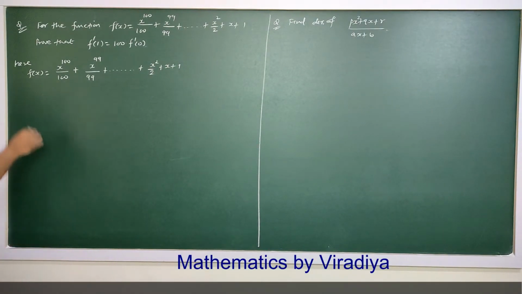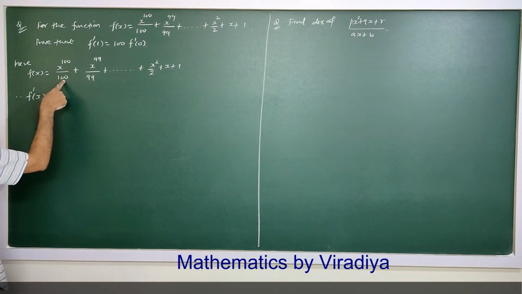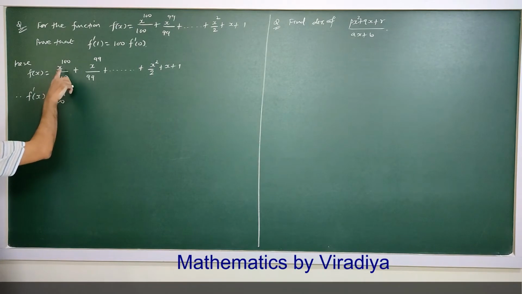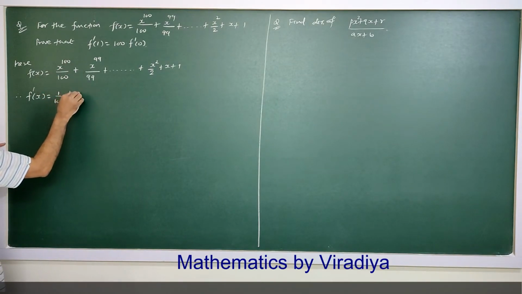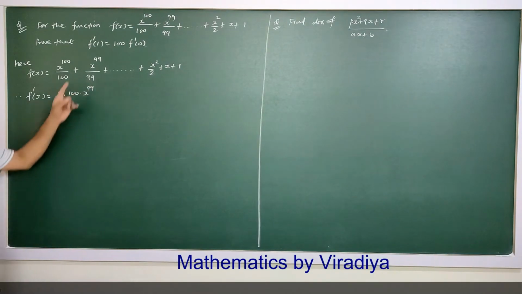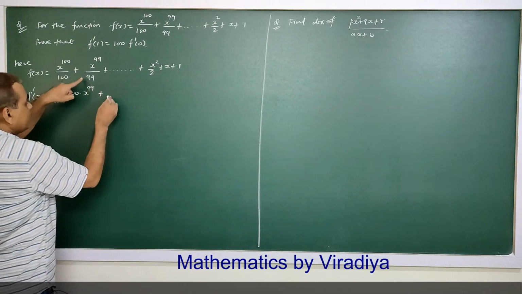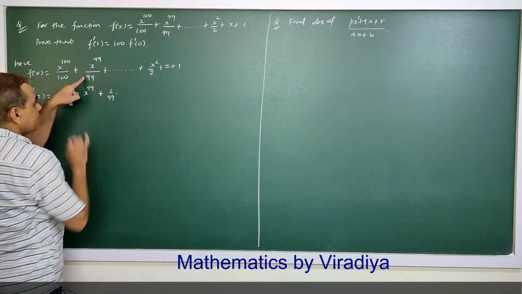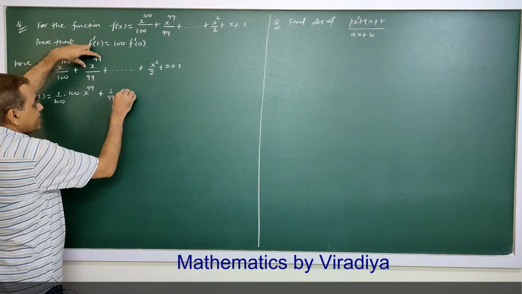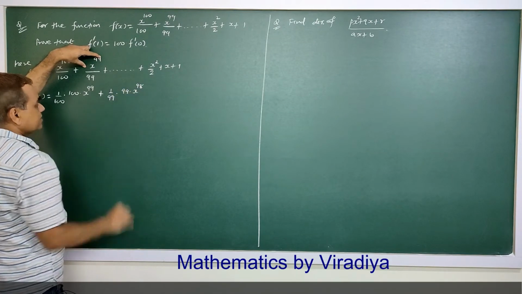Now differentiating with respect to x, f dash x is, this is 1 by 100, it is constant, so 1 by 100 keep inside, derivative of x raised to 100 is 100 into x raised to 99, plus, here 1 by 99 keep as it is, derivative of x raised to 99 is 99 into x raised to 98.